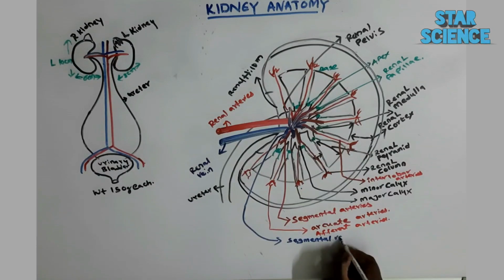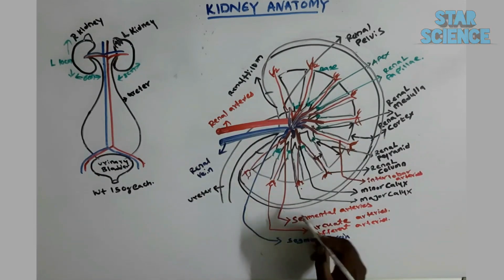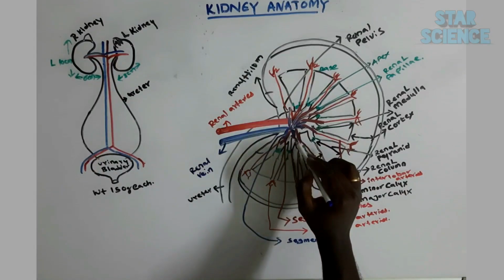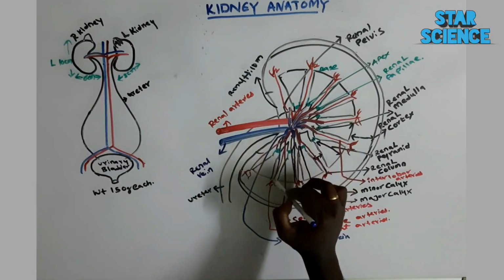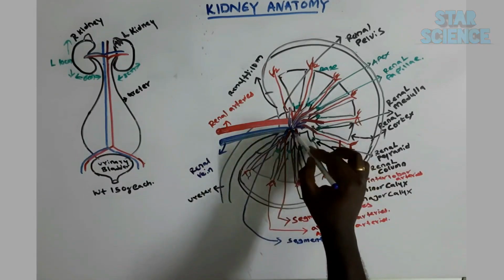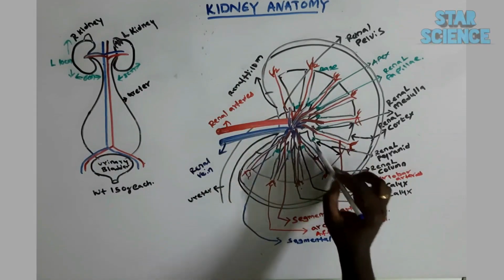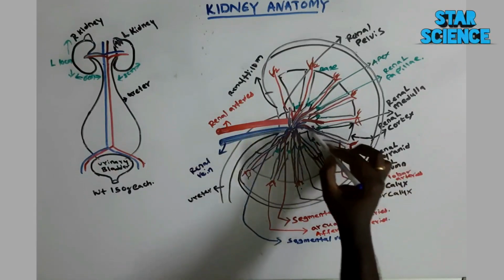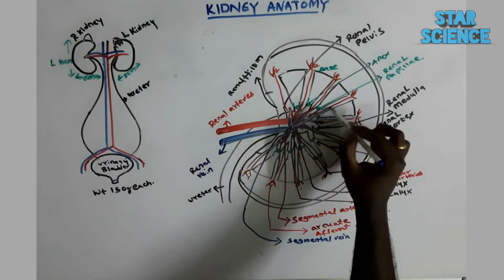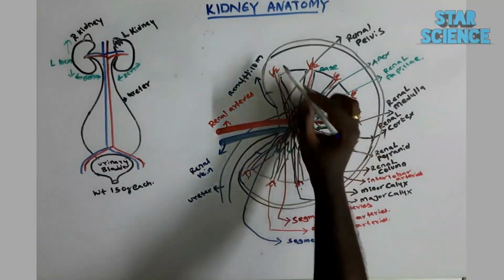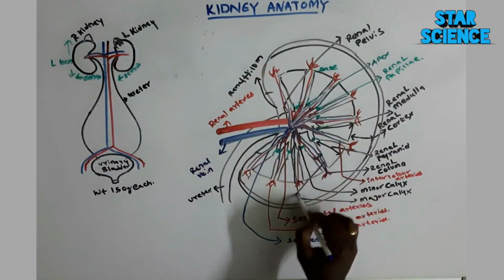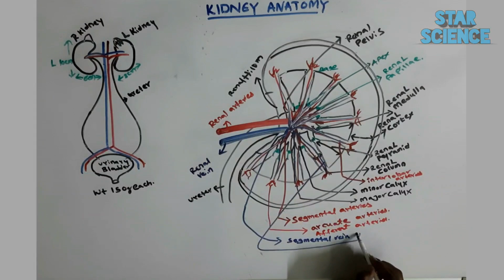These segmental veins further divide in between the renal columns. They give branches which have the same names as the arteries which are passing by. It is called the interlobar vein.